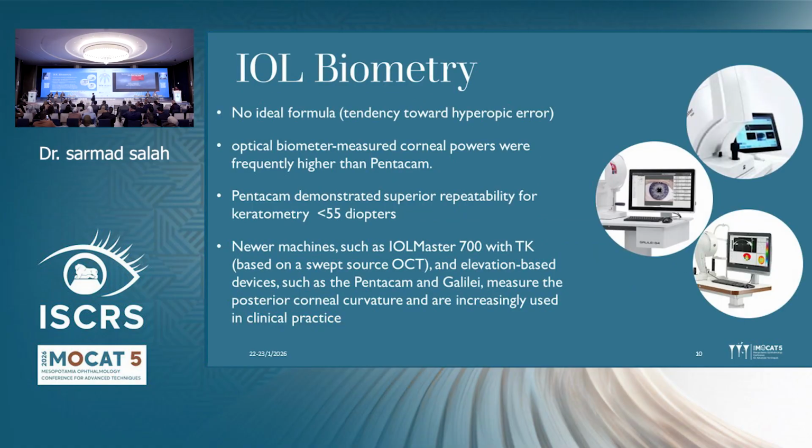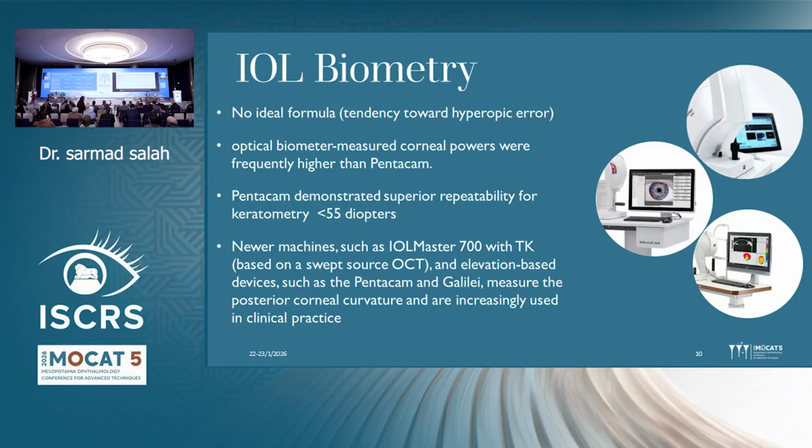There is a tendency toward postoperative hyperopic shift. Pentacam is more accurate than optical biometry for K value, especially when it's less than 55. Newer machines such as IOLMaster 700, or machines that depend on elevation, like Pentacam Galilei, can estimate the total corneal power, help us to complete the picture, and increase measurement accuracy.